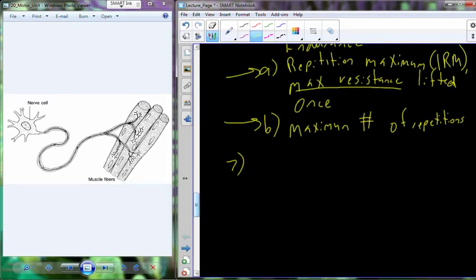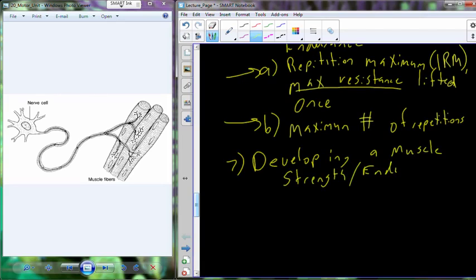So after you've assessed your strength and your endurance, you can begin to develop a muscle strength and endurance program or plan.